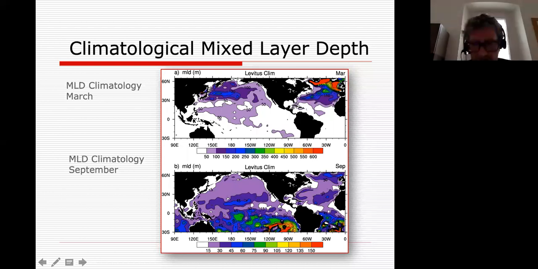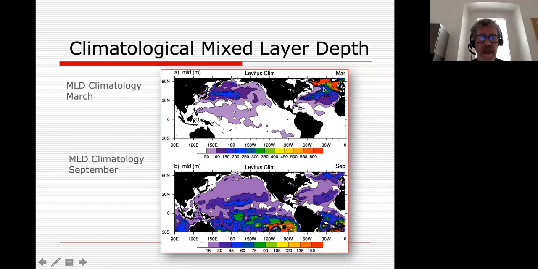And you see that there is quite significant variability in the tropical, subtropical Pacific Ocean and also the Atlantic Ocean, while the northern part of the Atlantic is very shallow. So we have exactly the reversal of what happened in winter, but the intensity is quite different.